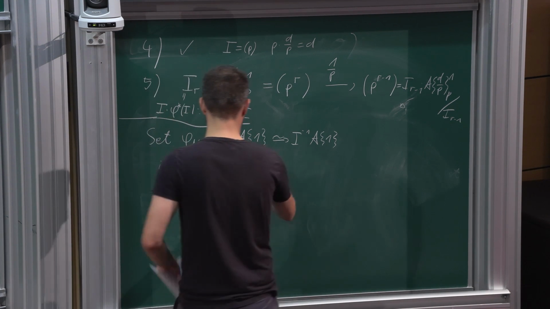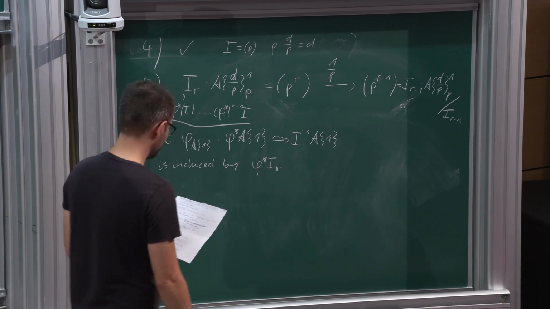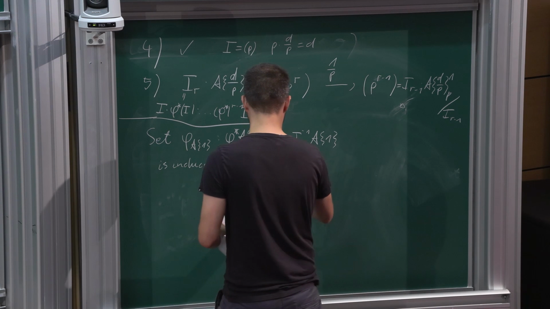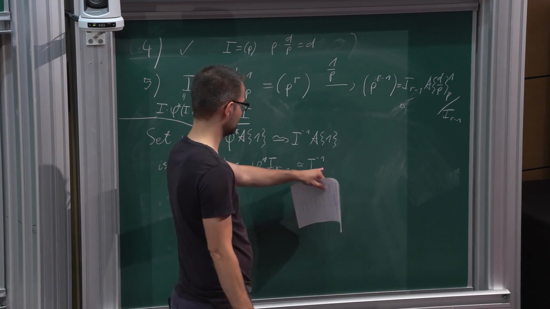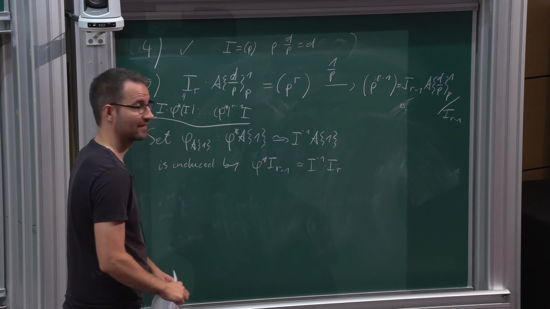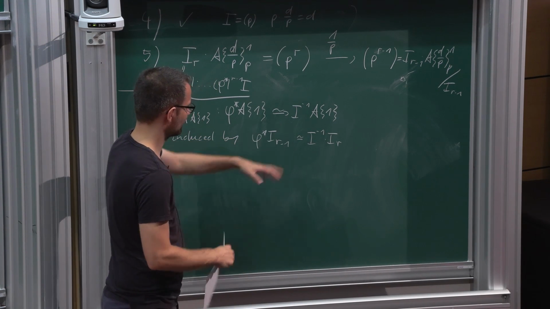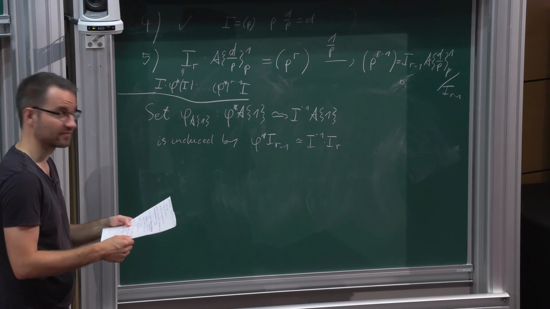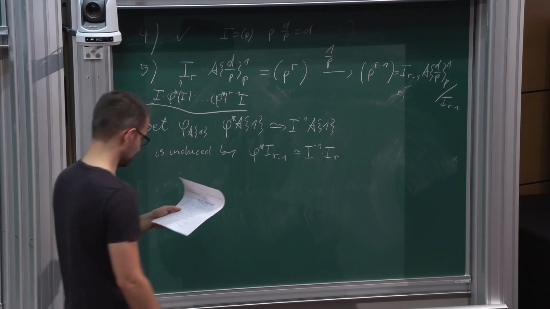So if we pull back I_r along the Frobenius, then r minus 1, then this is just canonically isomorphic to I inverse times I_r. And so now one can construct the Frobenius out of these isomorphisms.